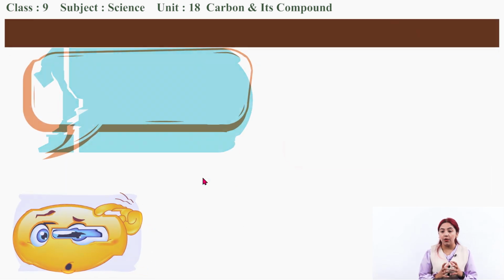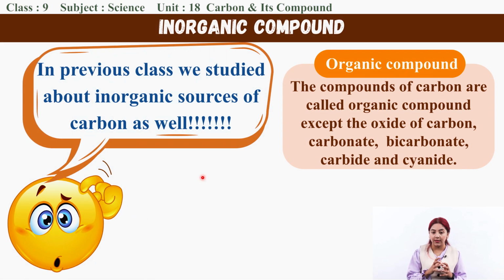Yes, we studied all of these previously, but these inorganic sources are not organic compounds because they all fall in the exceptions to organic compounds. That is, we defined an organic compound as a compound of carbon, except oxides of carbon, carbonate, bicarbonate, carbide and cyanide.